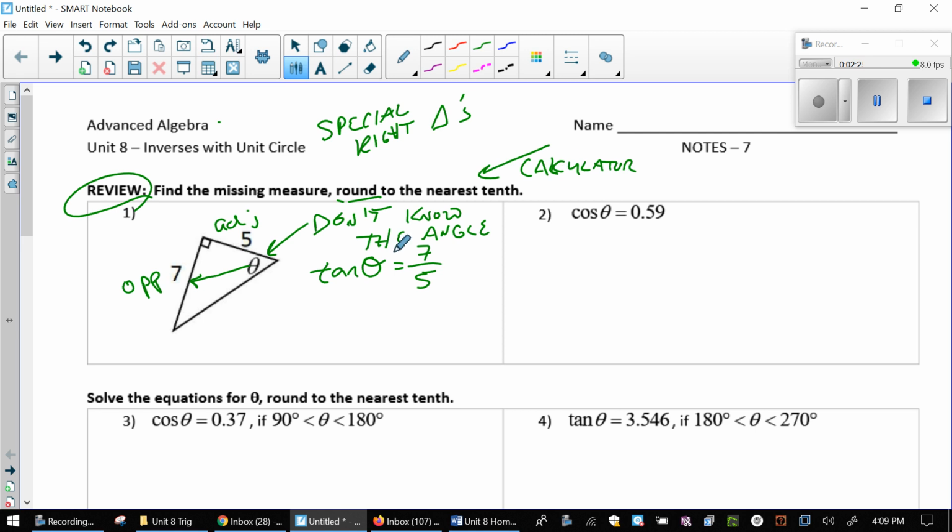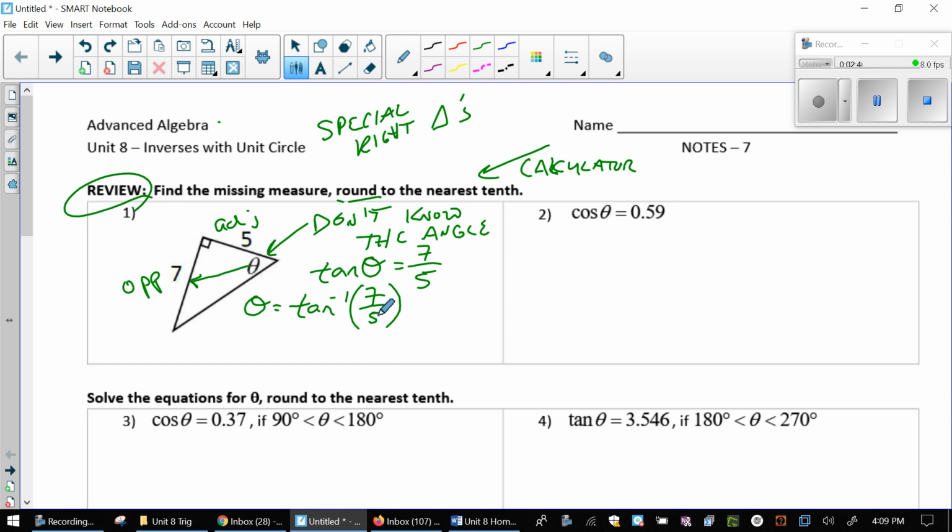So now once we get this equation set up, all we have to do is take the inverse tangent of both sides. And what happens is we get theta by itself, and we get theta, or our angle, equals the inverse tangent of 7 over 5. So that's what we're going to put in our calculator now. We have second tan 7 divided by 5.